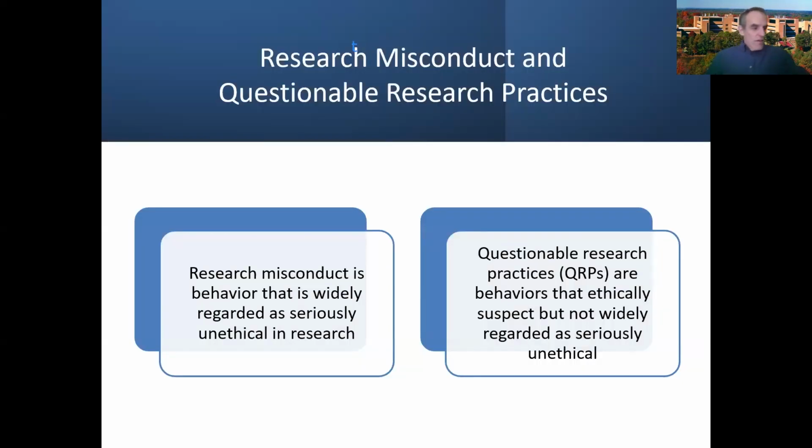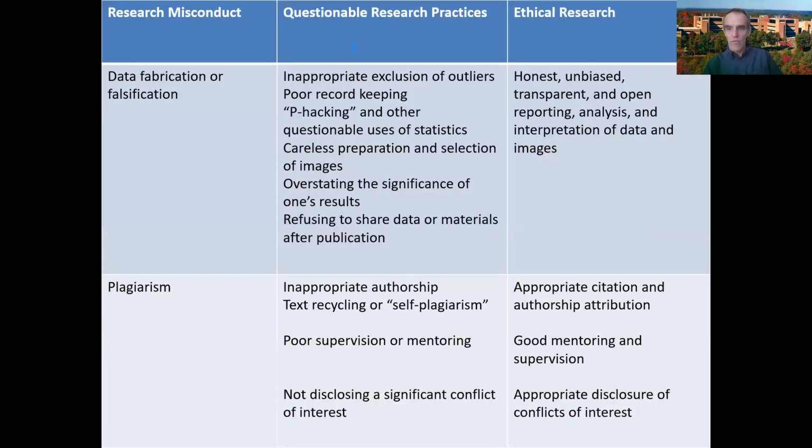So let's talk a little bit now about research misconduct and questionable research practices. Research misconduct is behavior that is widely regarded as seriously unethical, whereas QRPs are behaviors that are ethically suspect or problematic, but they're not regarded as seriously unethical.